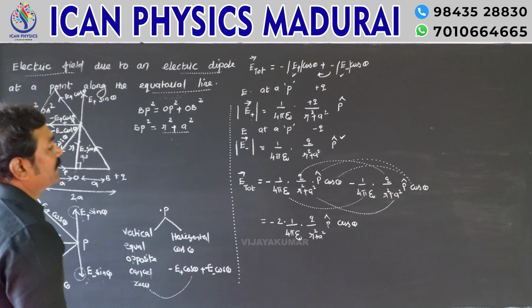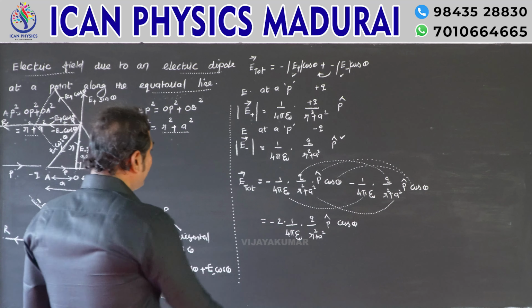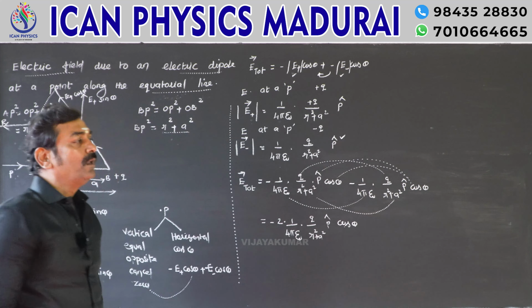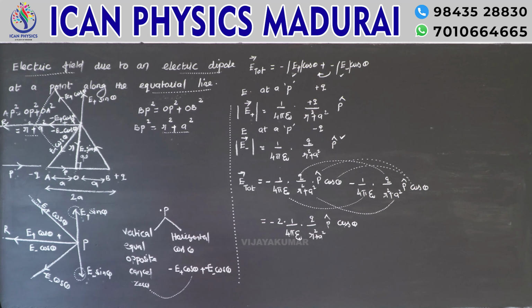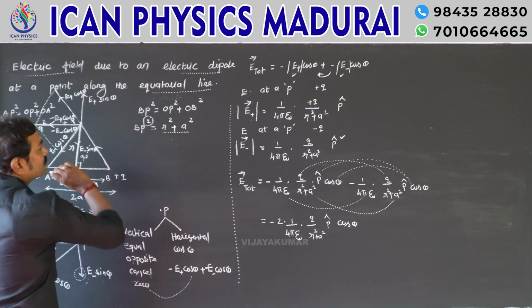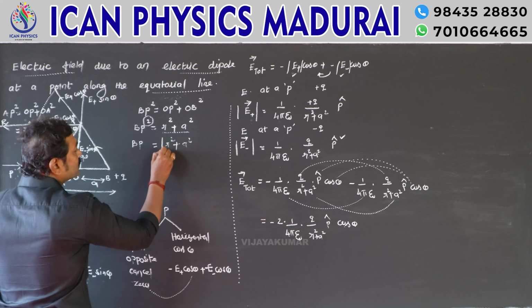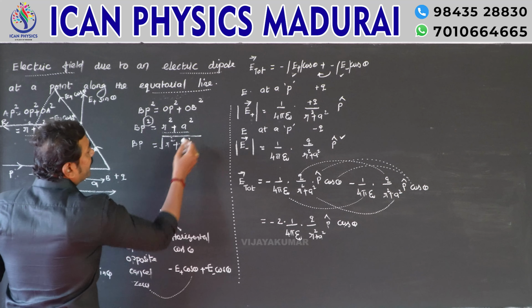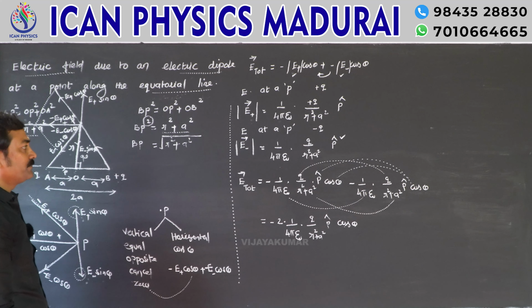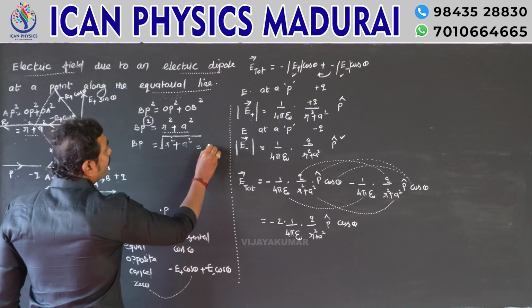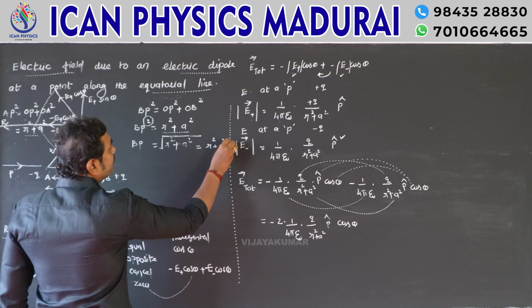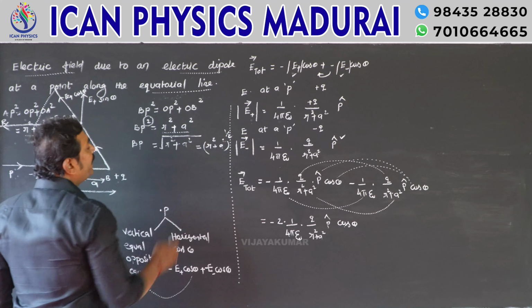Now we have to calculate the value of cos theta. To find it, taking the square root, BP equals the square root of r square plus a square, which is r square plus a square power 1 by 2.